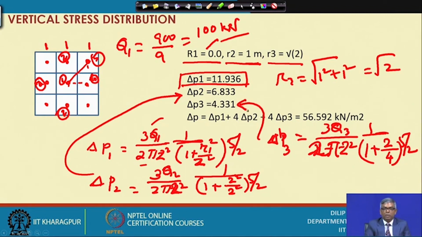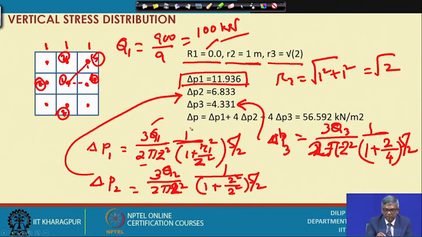So now, if I do these 3 calculations, I need not repeat the other calculations that I have numbered. Suppose there are 1, 2, 3, 4, 5, 6, 7, 8, 9 divisions, but I need not calculate for all 9. I have shown already that all 4 of these have the same effect on this one, and similarly these 4 have the same effect on this.